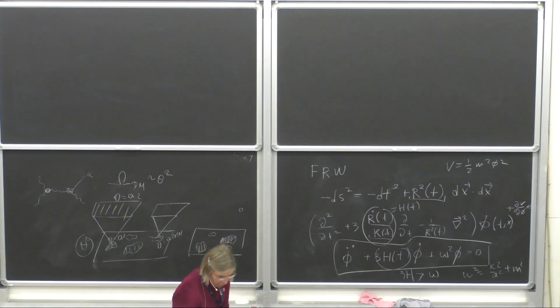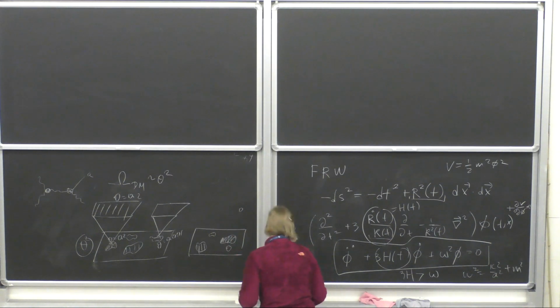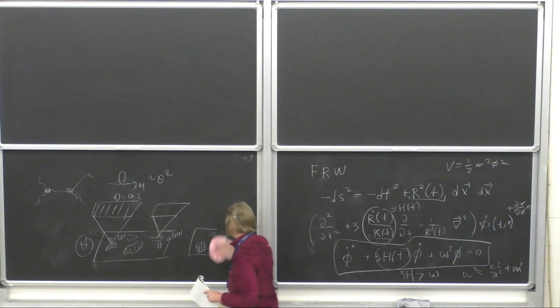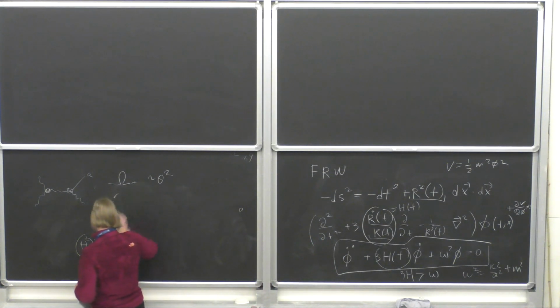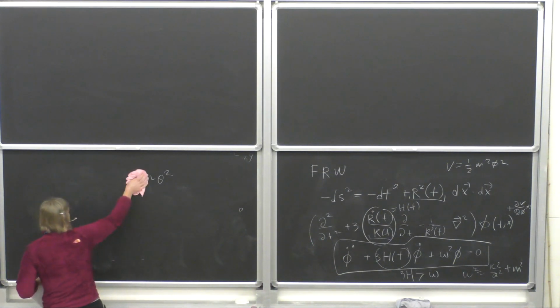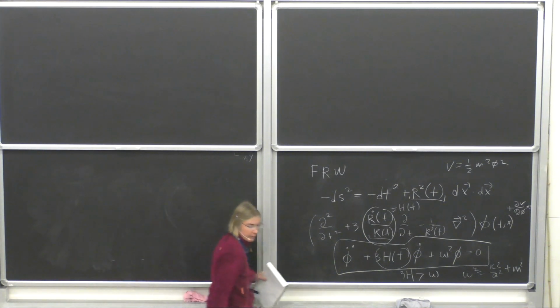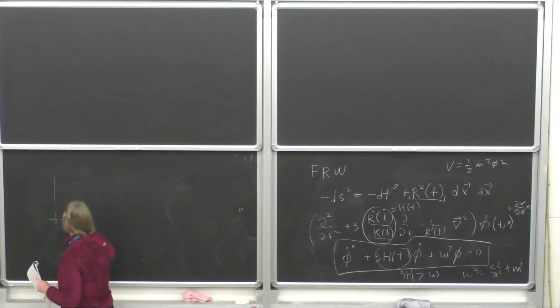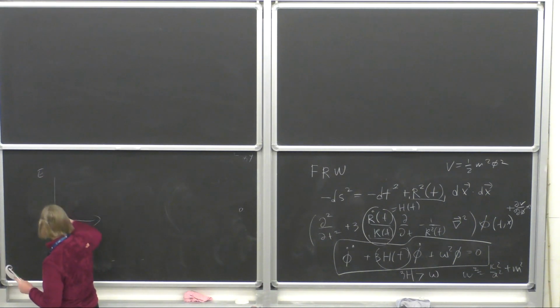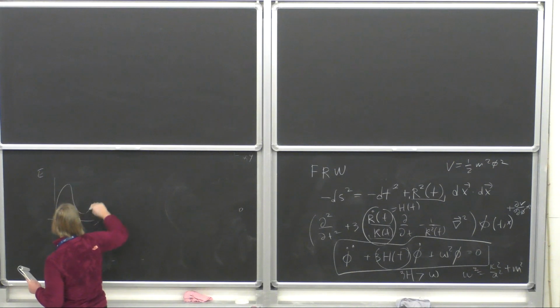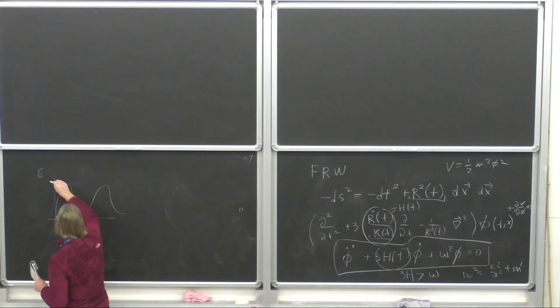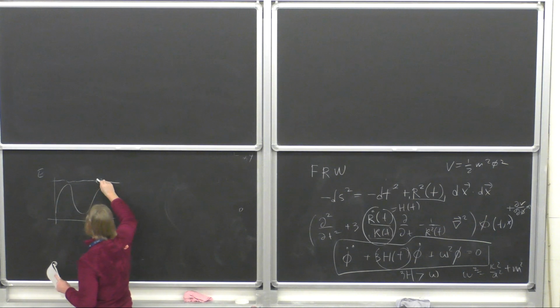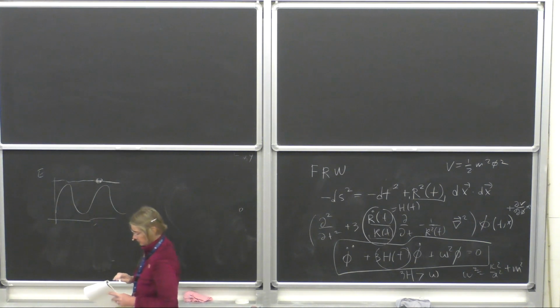And if you draw the potential, or if you draw the energy of that thing, you have something like this, and initially the value of the field is just stuck here.